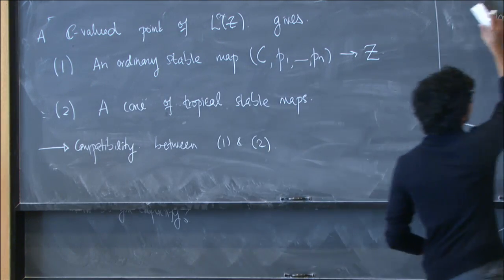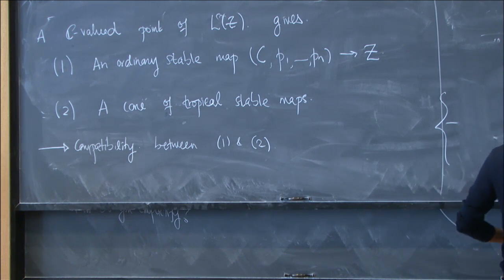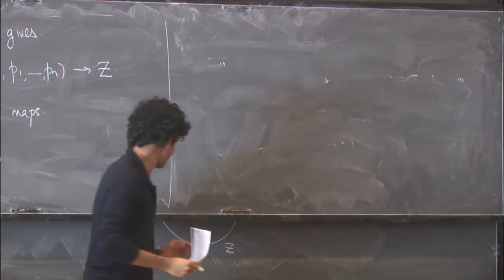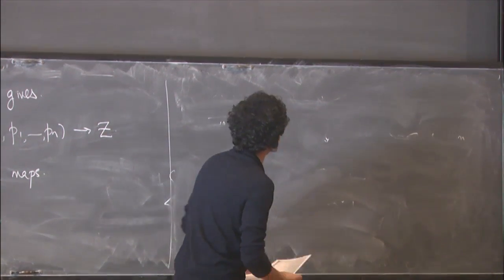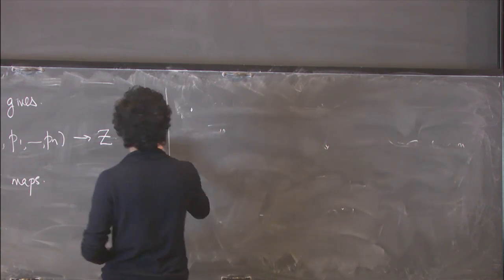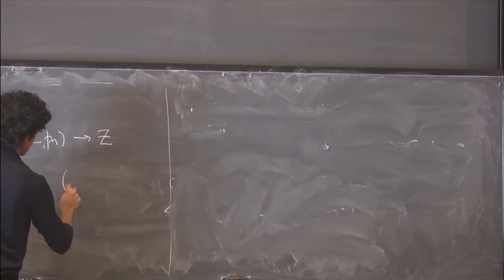So if I hand you a classical stable map, can you somehow predict the combinatorics that should come out of it? Yes, you can. I'll just say a couple of words about this. Let me give this a name.